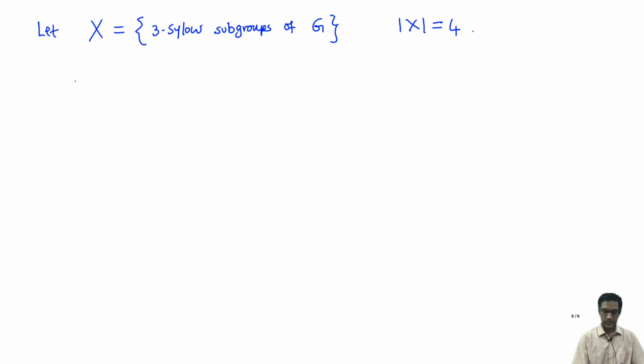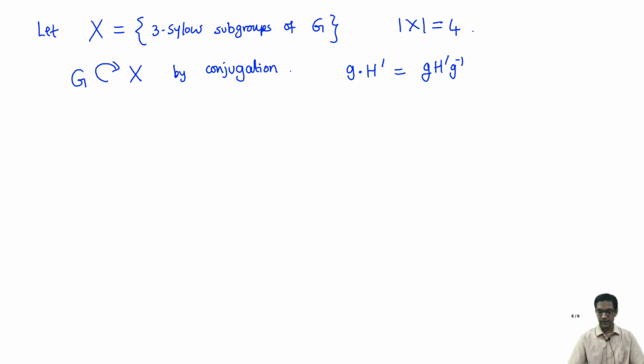Okay. Now let's construct an action of G on X. That's easy too. It's sort of natural. We just take the conjugation action. So what do we mean by that? We just take g acting on any one of the Sylow subgroups H' will just give me g H' g inverse, the conjugate of that guy.